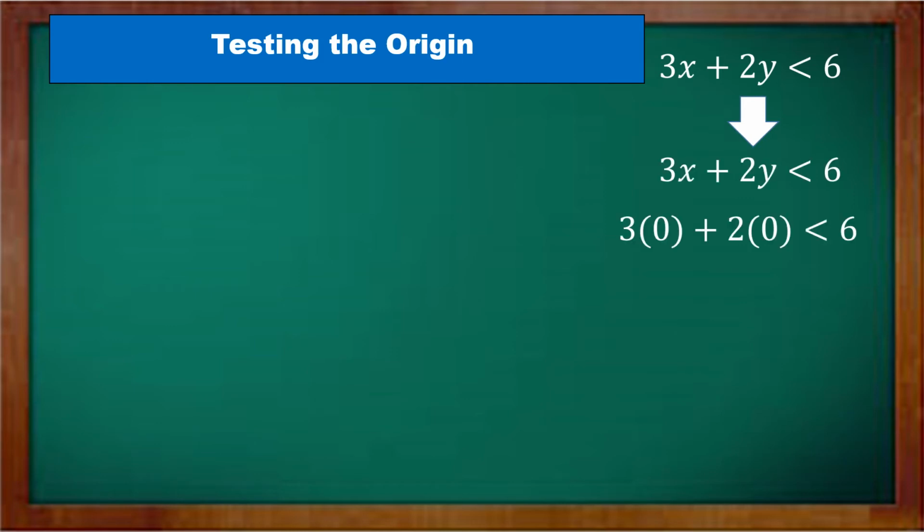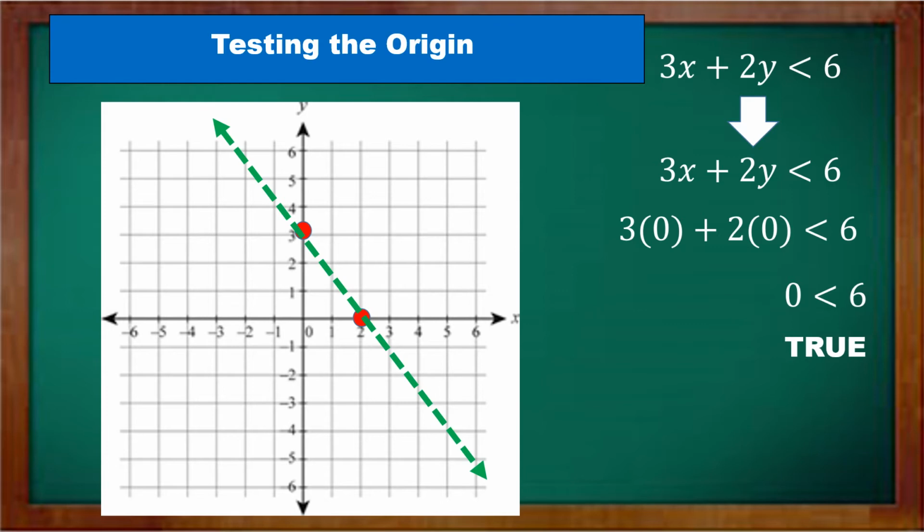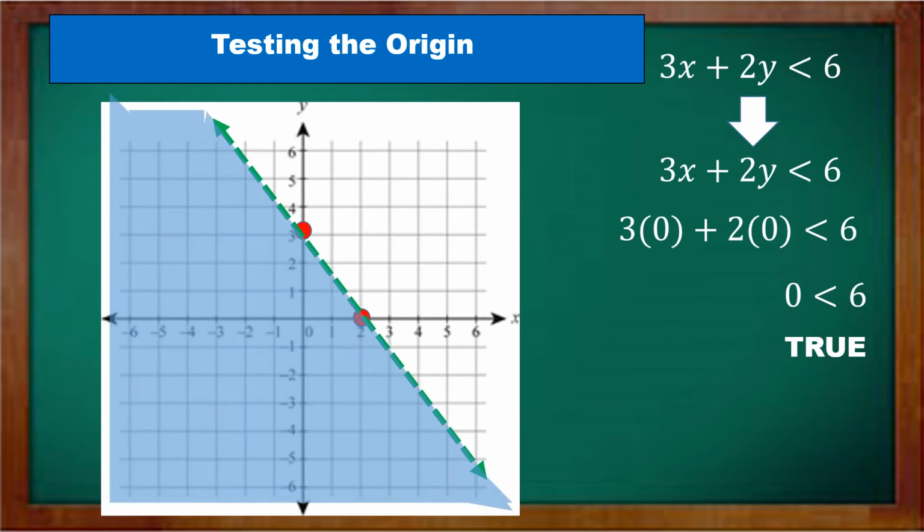It will become 0 is less than 6, which is a true statement. Since the origin makes the statement true, we will shade the half plane containing the origin. So it is under the broken line. So here it is, the solution and the graph of the first problem. So easy, right?